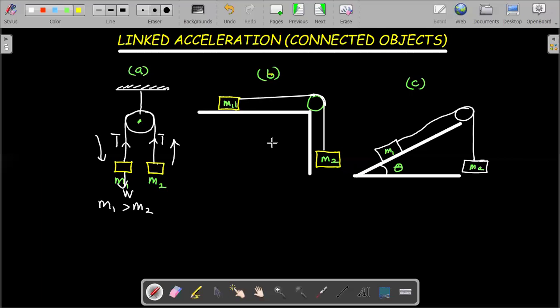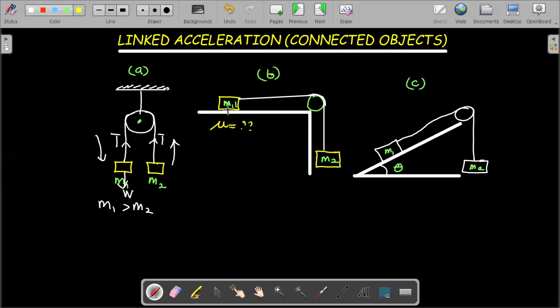In the second case, we have two masses, one of the masses sitting on a surface, let's say a table. Usually, in the general case, we are going to assume that the table is not 100% smooth. That is, there's some coefficient of friction present on that table.